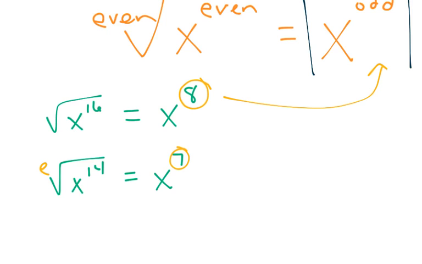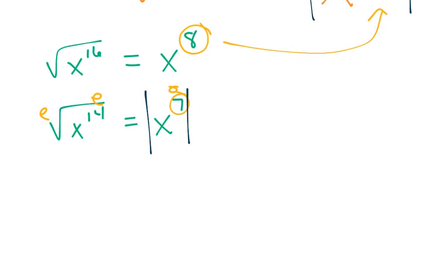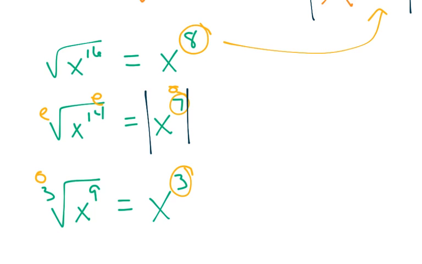I have got an even and an odd, so this needs absolute value. Let's do one more. The cube root of x to the 9th. 9 divided by 3 is x to the 3rd. Now here's the deal. This is an odd exponent, but this is not even, so I don't have to worry about it.